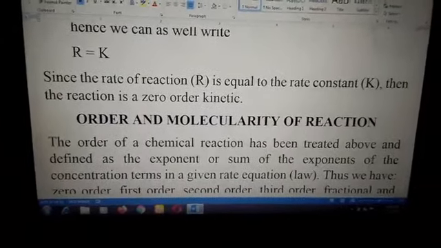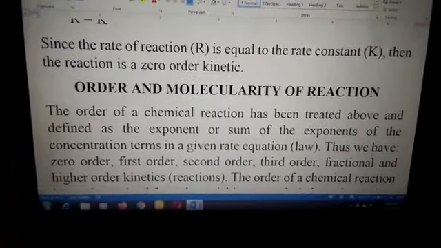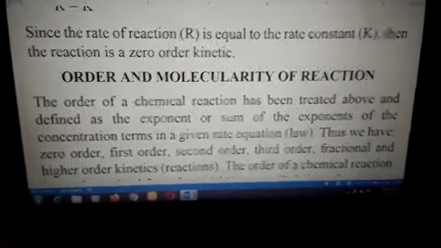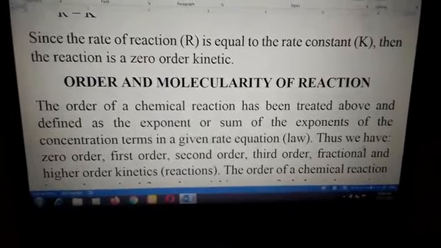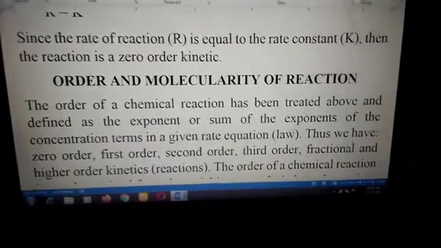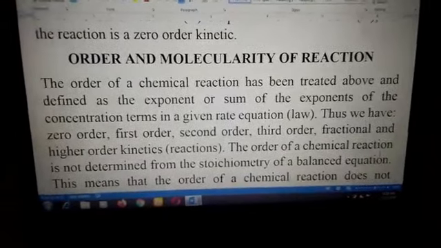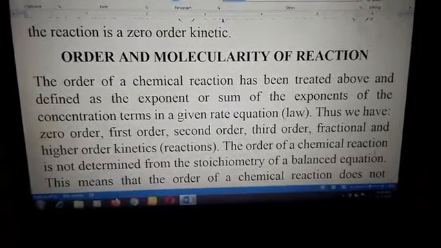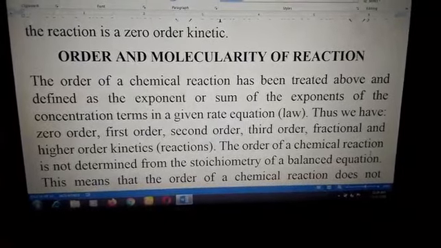Now going to order versus molecularity of reaction. Are they the same thing? No. The order of a chemical reaction has been treated above and defined as the exponent or the sum of the exponents of the concentration terms in a given rate equation. Thus, we have zero order, first order, second order, and third order, fractional and higher order reactions or kinetics.